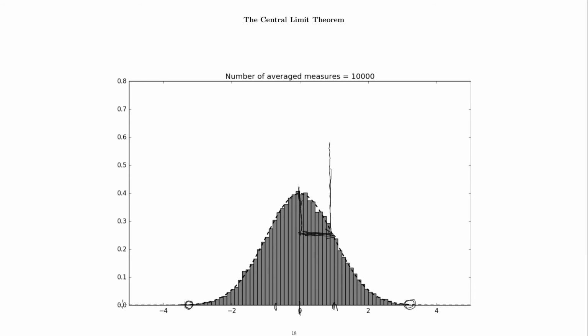Note that this is not actually symmetrical, so I have to draw the variance not as a square here, but it needs to go all the way up to 1 here, from 0 to 1. So this is the variance. It's an area.